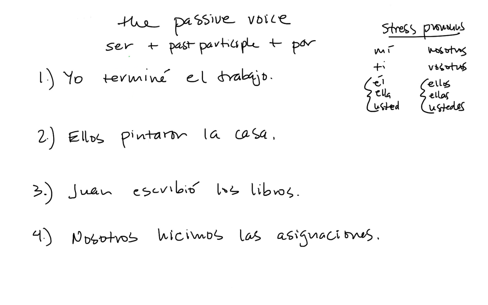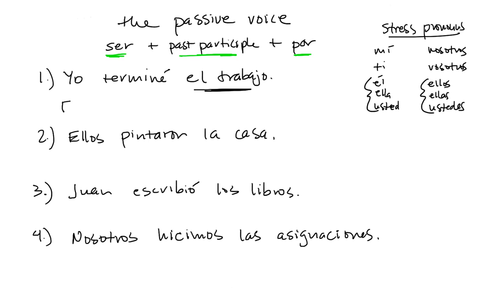And the way we do it is we use some conjugated form of ser plus the past participle plus por and then the agent, whoever did it. The sentences I have here are in the active voice, and we're going to change them to the passive voice. Yo terminé el trabajo. I finished the work or the job. What happens with the passive voice is the object, the direct object, becomes the subject.